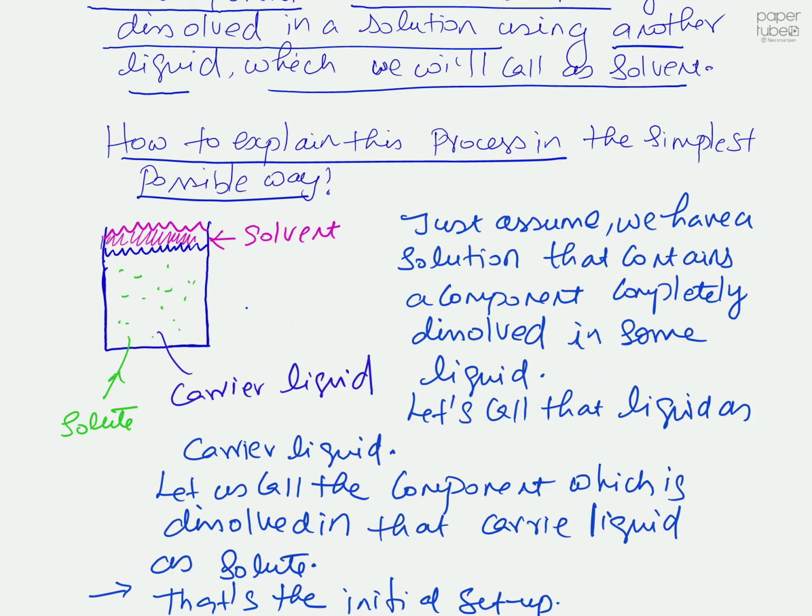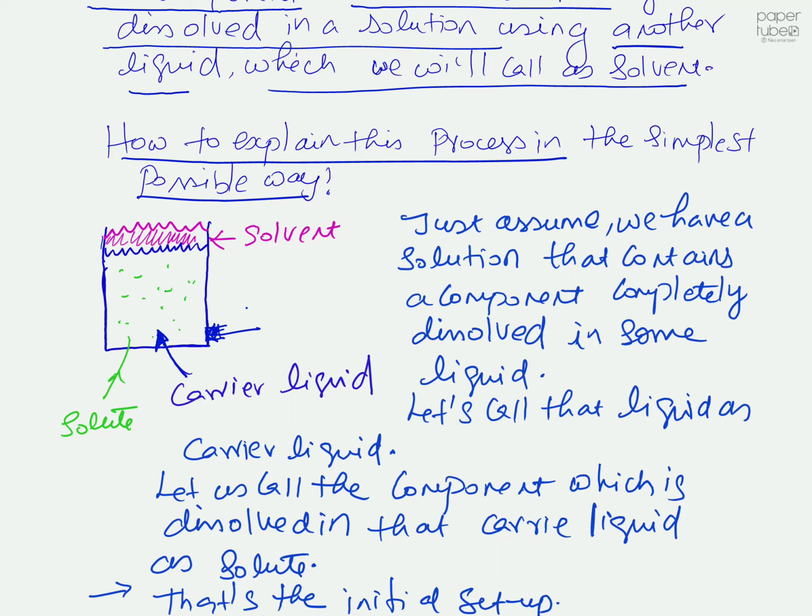What you do is you have a reactor which I showed here. Just assume this is your reactor and you have some carrier. This is your carrier liquid, and whatever the green dots that you see inside, let's call them the solute. So you have one liquid, and that liquid has a lot of solute particles, which is your product of interest, and we need to separate that product using some other solvent, which is again some liquid.